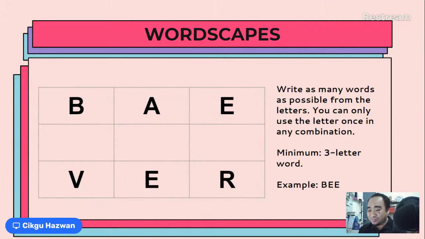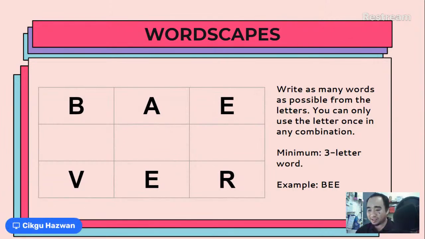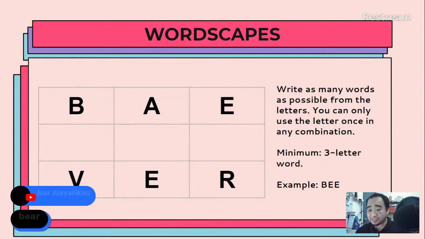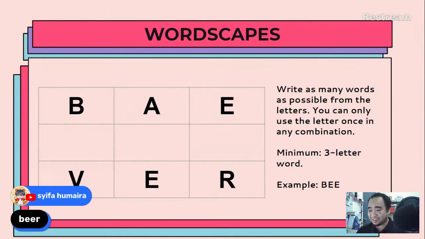I'm waiting for your answers. Okay, we have ever. Good. You also have bear, just now B-A-R-E, now B-E-A-R. What about others? From B-A-E-V-E-R, what is the 6-letter word that we can form? You have beer, okay. You also have verb.